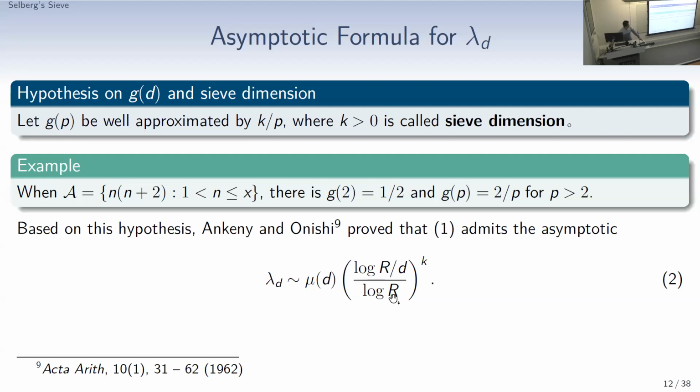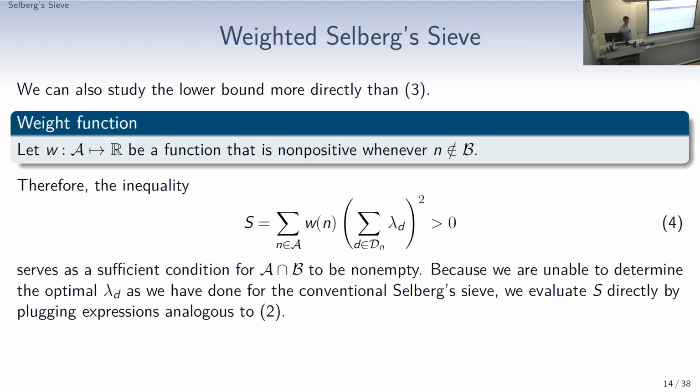This lambda is optimal for a k-dimensional sieve in the upper bound situation. We just plug this right-hand side expression into equation 4, expand all the summations, and play with those multiple sums to obtain something interesting. So that's the idea for this form of lower bound problem using the weighted Selberg sieve.